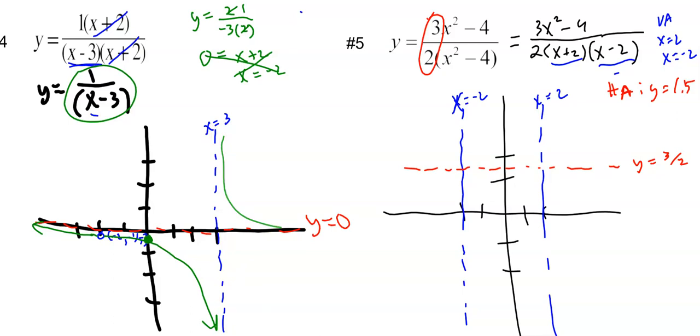In this case, I really need to plug in one point just to see. Let's plug in 4. If x equals 4, what does y equal? That'll be 6 over 1 times 6, which is 1. The key thing is when I plugged in 4, I got a positive number, so I know the graph, and you might have guessed, is going to be up there.